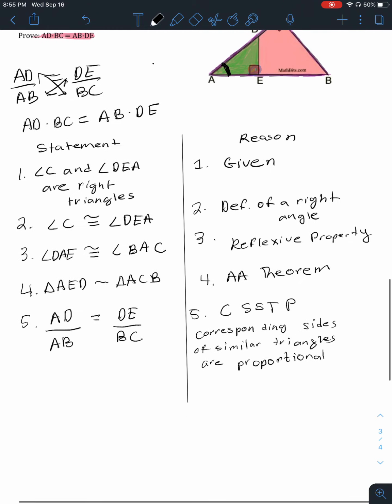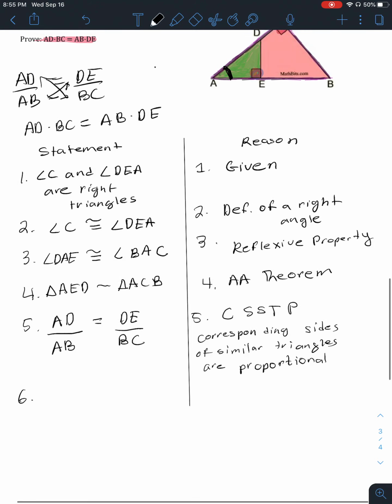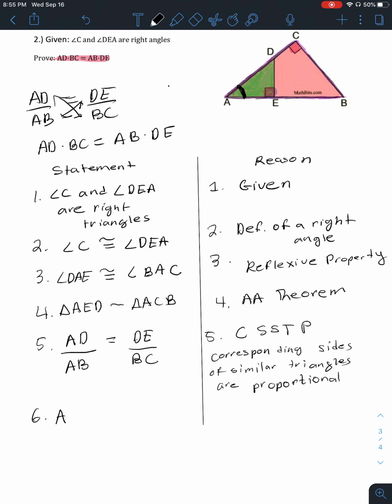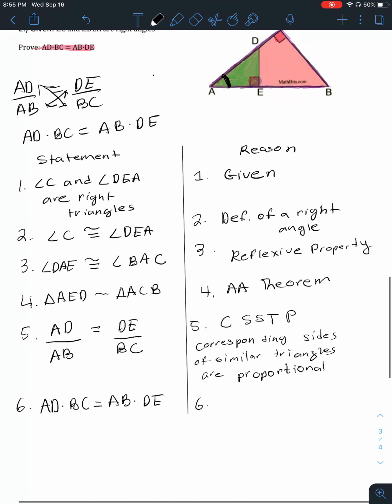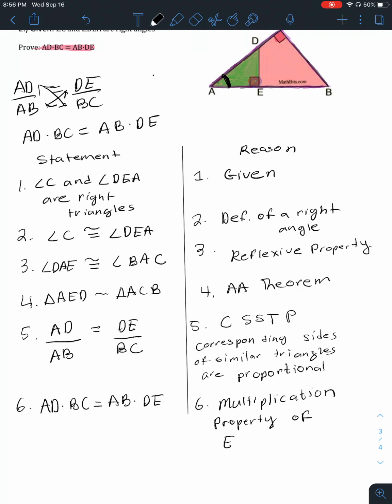So all we say for our last step is that AD times BC equals AB times DE because of multiplication. I would have left it as multiplication, but the technical reason is multiplication property of equality.